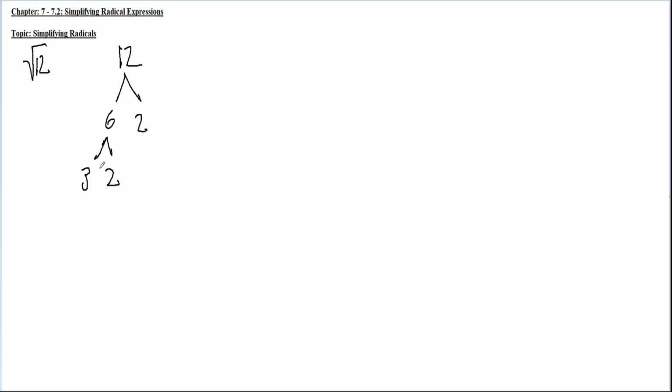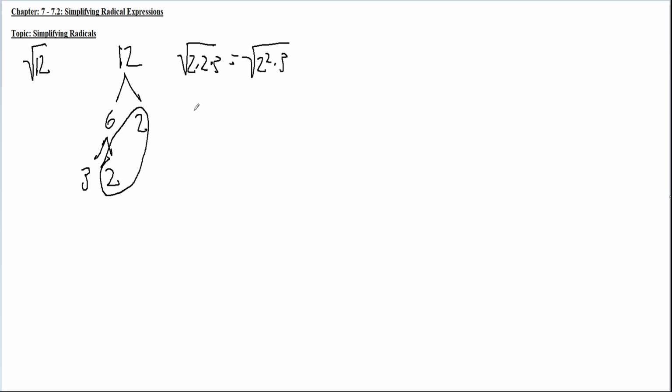And so since I have these 2's here, what I can do with the square root of 12 is write it like 2 times 2 times 3, we're just writing out all of its factors, and then I have 2 times 2, which is 2 squared, times 3.